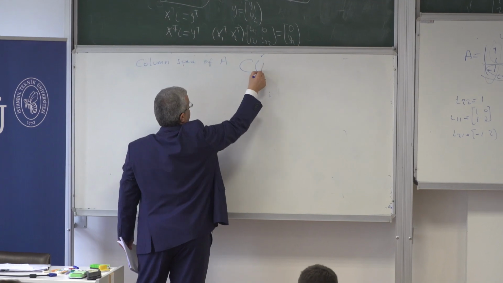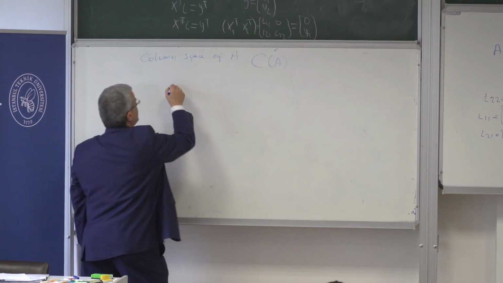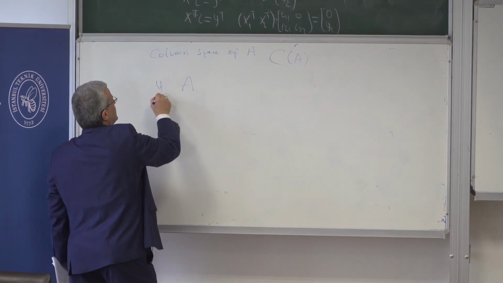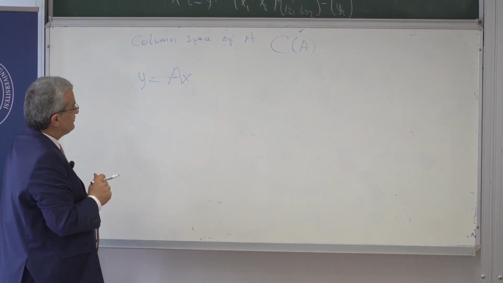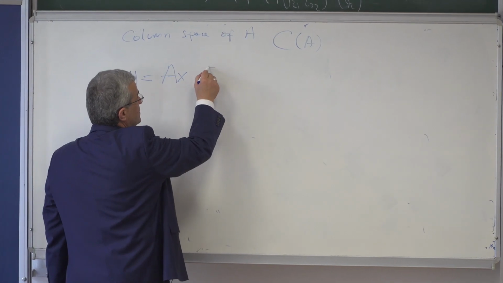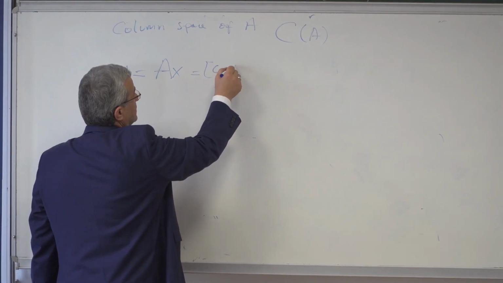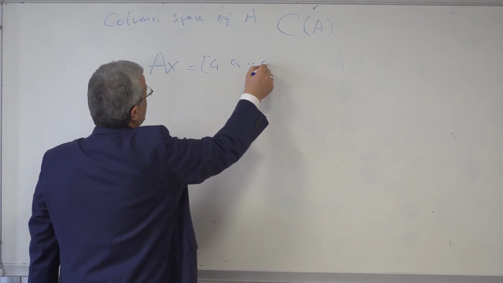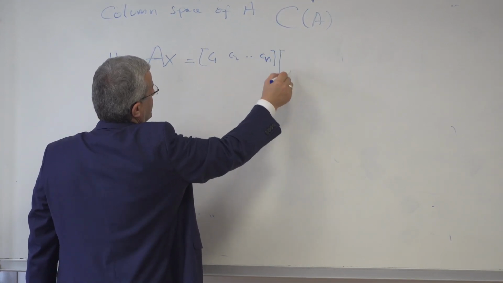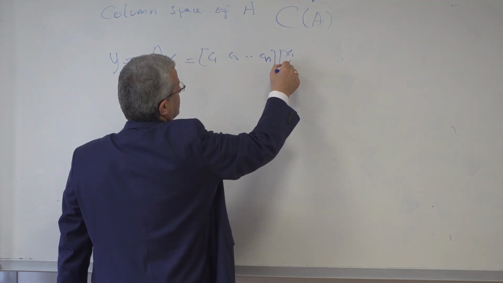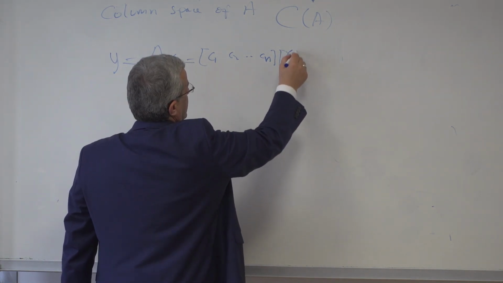Here we have y equals Ax. So remember again, you have column 1, column 2, up to column n, and you have x1, x2, up to xn.